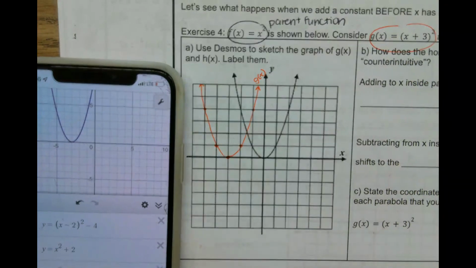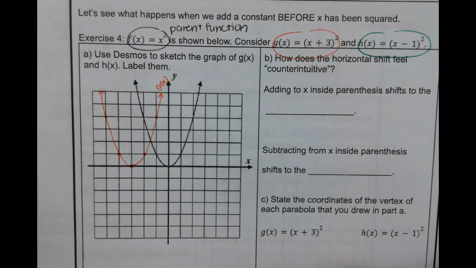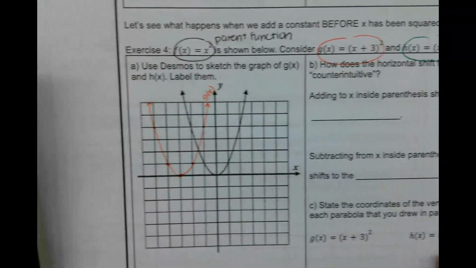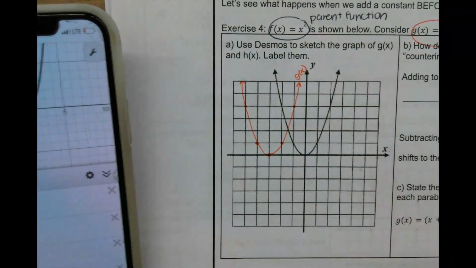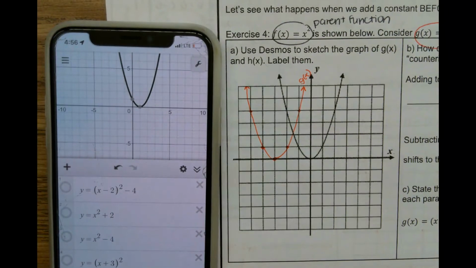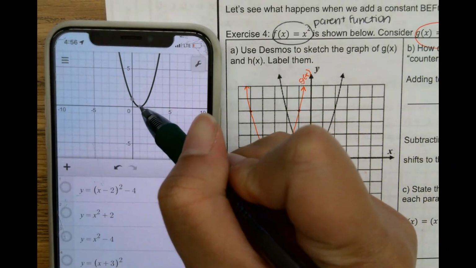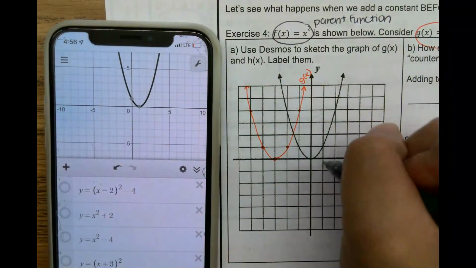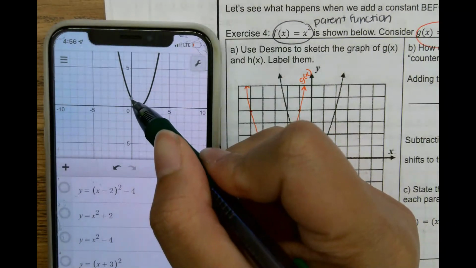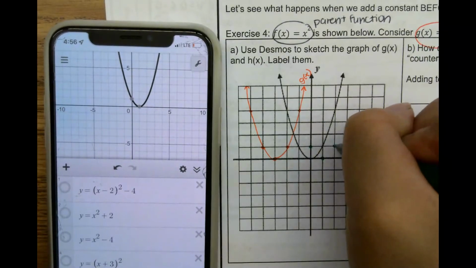The next one we're going to do is h of x, which is (x minus 1) squared. Let me pop that up onto Desmos here. I'm going to do it in green. I notice that the vertex is now at 1, 0. There's a y-intercept at 0, 1, so I mirror it over.